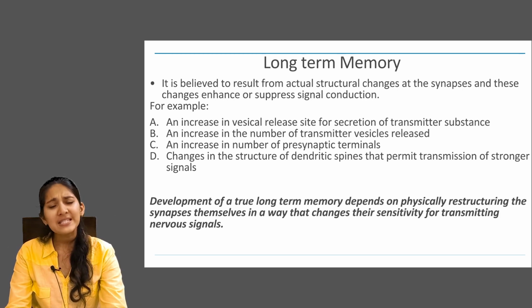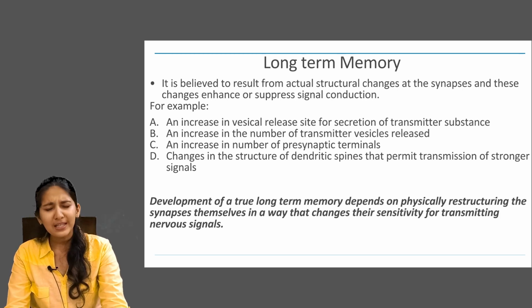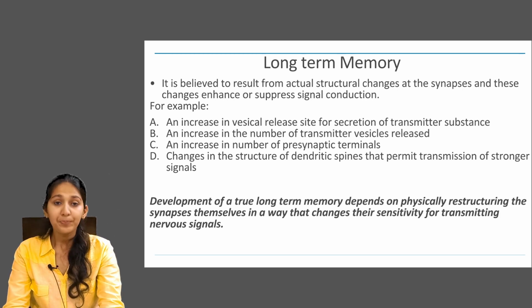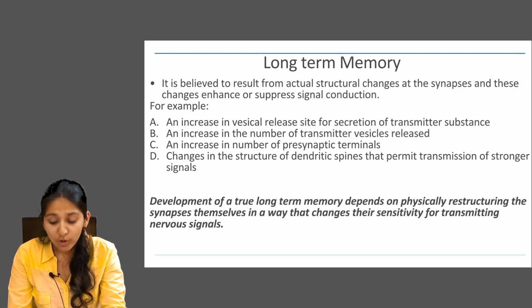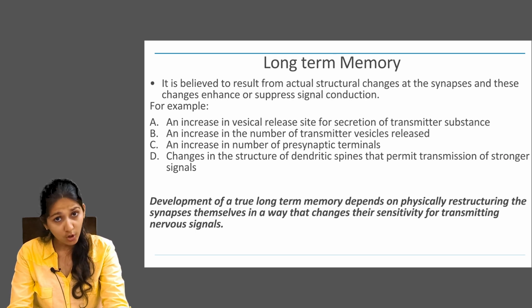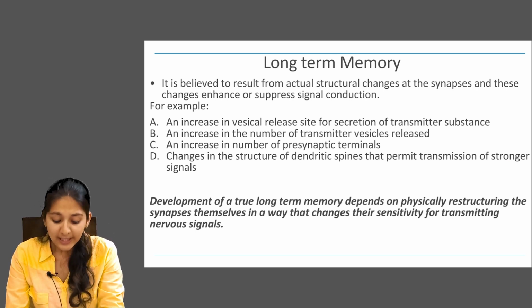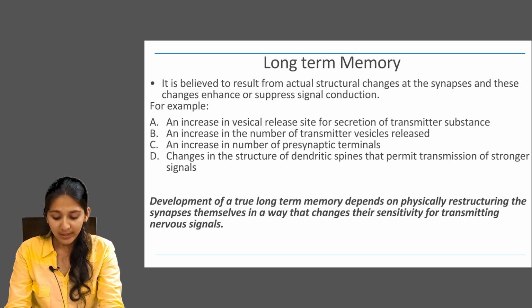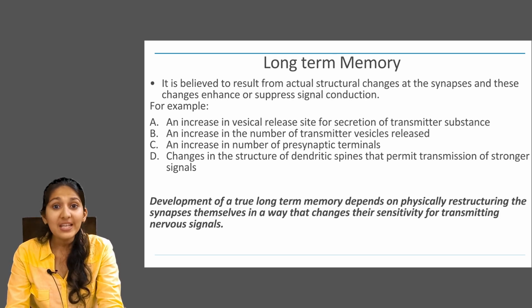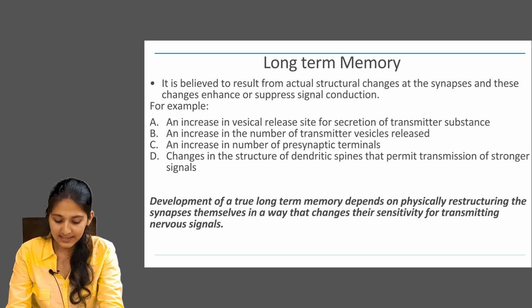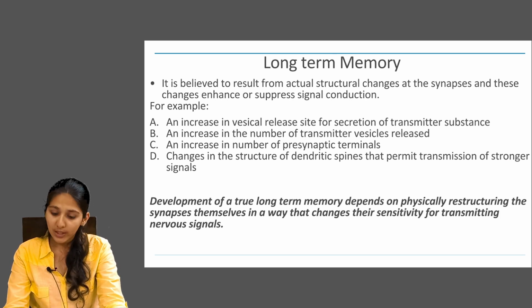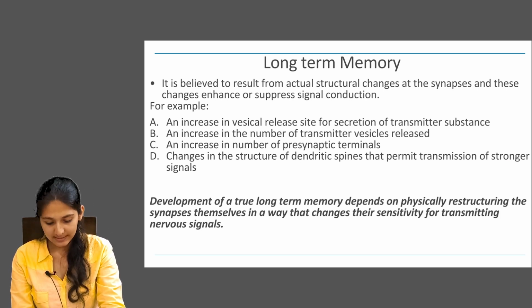That is, instead of a single sensory terminal stimulating the nerve to be stimulated, we can have 3 to 4 sensory terminals which will stimulate the same nerve, or we can make the dendrites of the nerve to be stimulated very strong so that they transmit stronger signals. This implies that development of a true long-term memory depends on physically restructuring the synapses themselves in a way that changes their sensitivity to transmitting nerve signals.